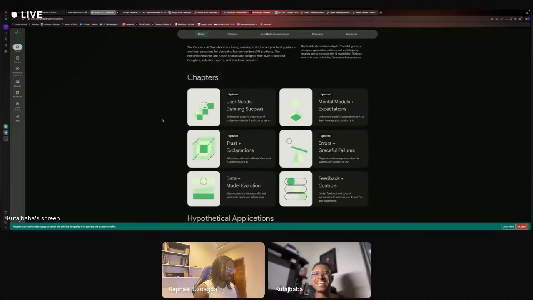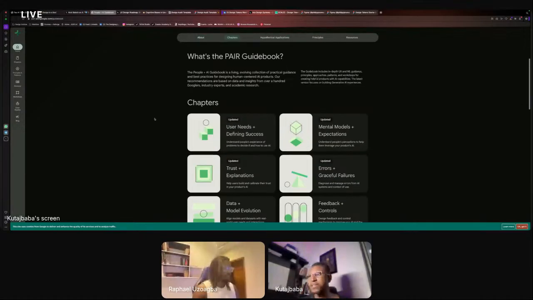Based on the way the market and products are going right now, AI seems to be doing a lot of things very fast, which means that the expectations of users are going up, right? People's mental models are shifting. They're expecting things to work really fast when they start interacting with your product compared to even a few months ago. So I think this is a very good resource to help you learn how to design for AI.